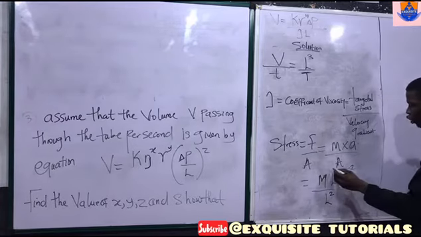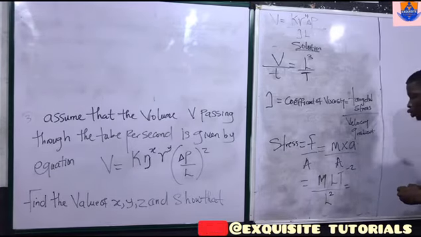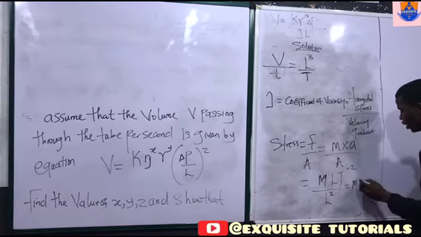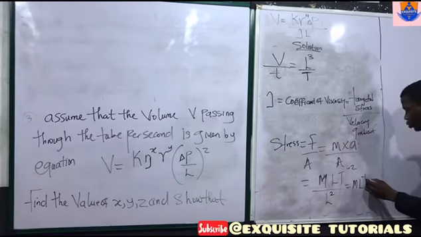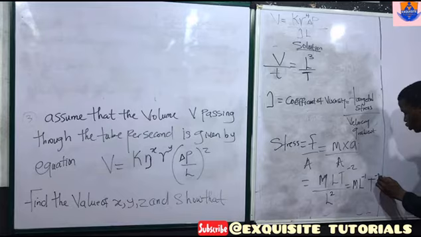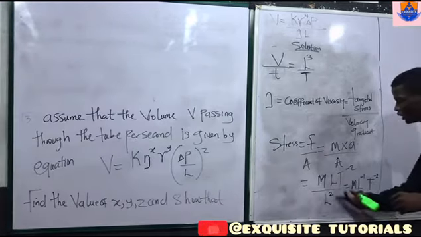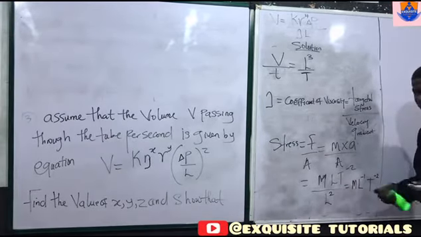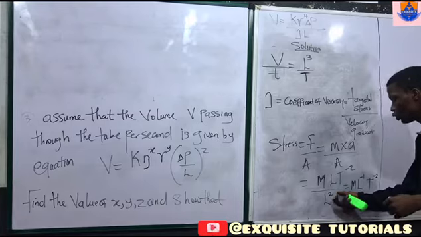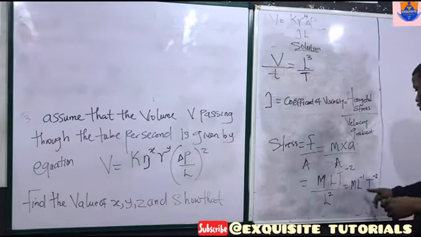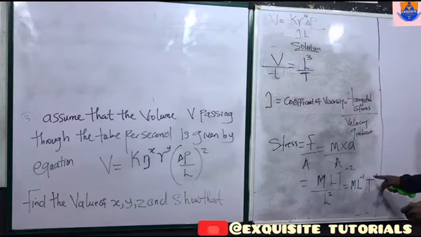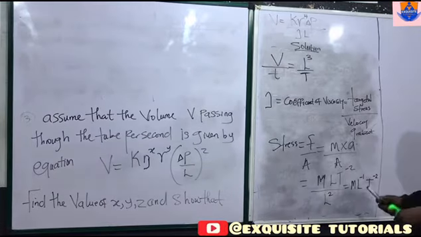If you take this upward, it will be M L raised to power 1 minus 2, which gives us minus 1, t raised to power minus 2. Remember, I took this upward according to indices. So if I take L raised to power 2 upward, it becomes L raised to power minus 2, so it will give us M L raised to power minus 1 t raised to power minus 2. So that is the dimension for our stress.